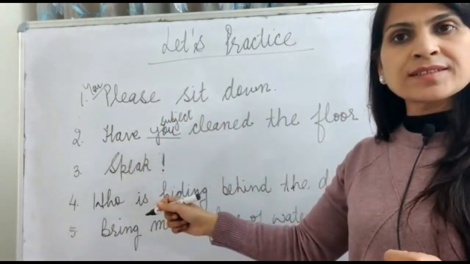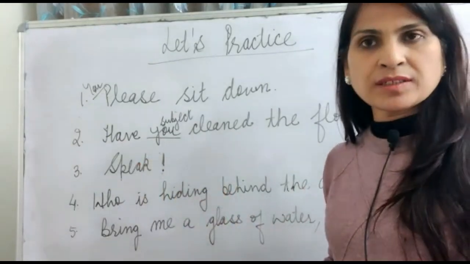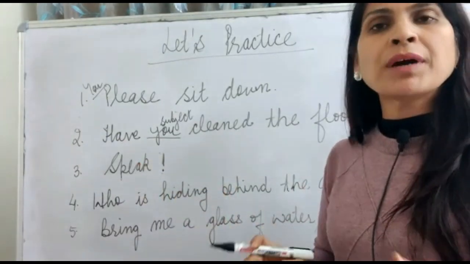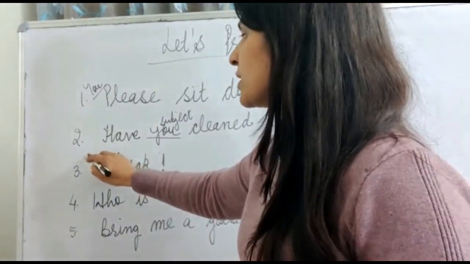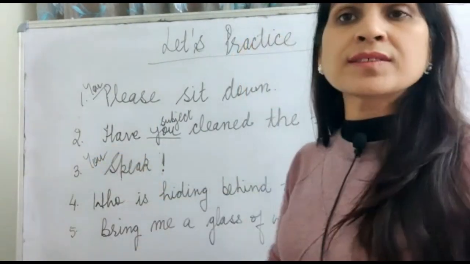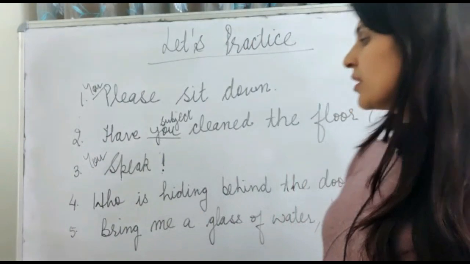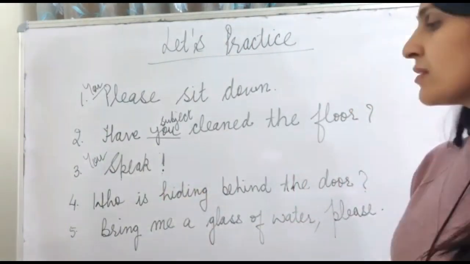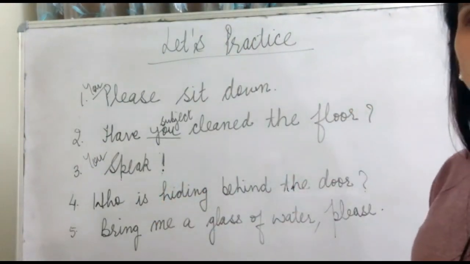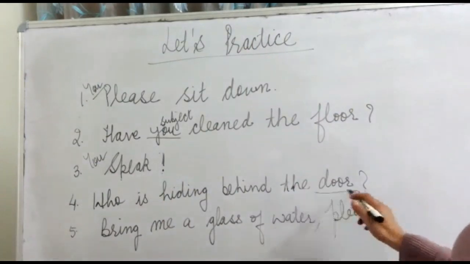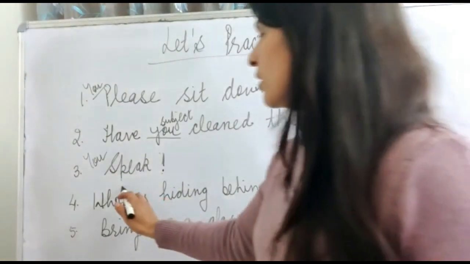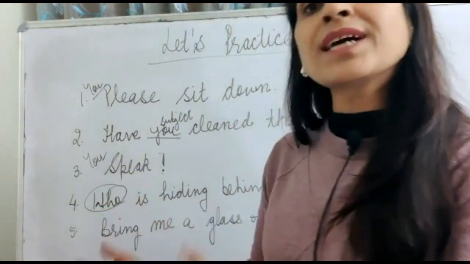The third sentence, it is speak. This is just one word, but we know this is a command. So, the subject here is you, as this is an imperative sentence. The next sentence is, who is hiding behind the door? Here, we are not talking about the door. We are talking here about who. Who is hiding?